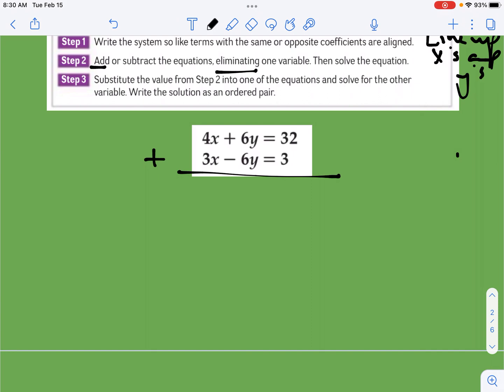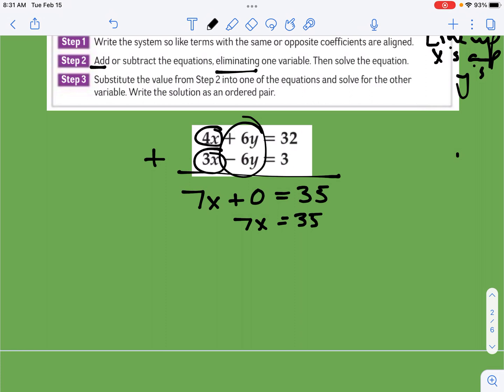So I'm going to go 4x plus 3x, right? I add those two together, and I get 7x. Then I add my y's, and when I add positive and negative 6y to each other, I get 0. So I get 7x plus 0, and then add 32 and 3, and you get 35. That simplifies to 7x equals 35. Next, solve for your x.